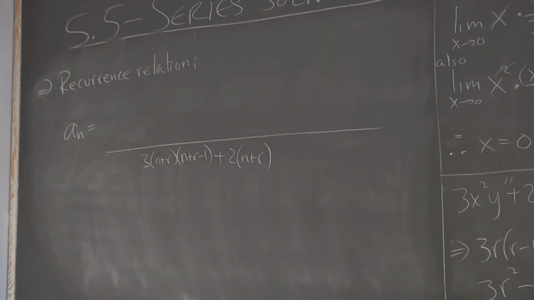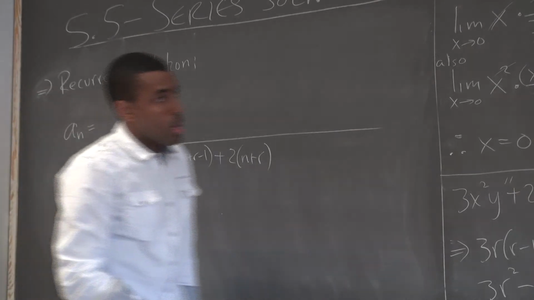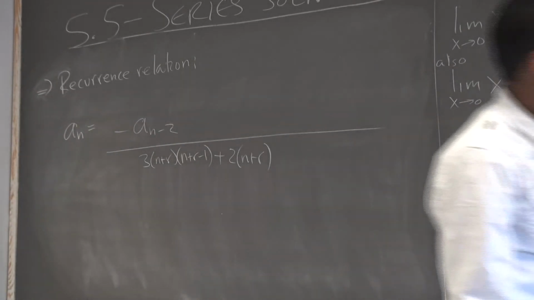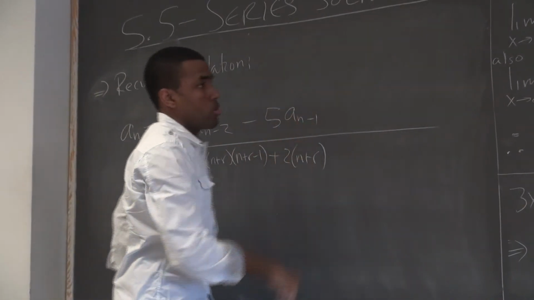That takes care of the first two. This guy I'm going to move over, it's going to be minus a n minus 2. And I'm going to move the other guy over, it's minus 5 a n minus 1.